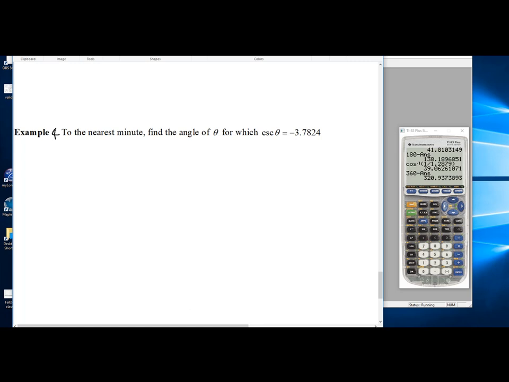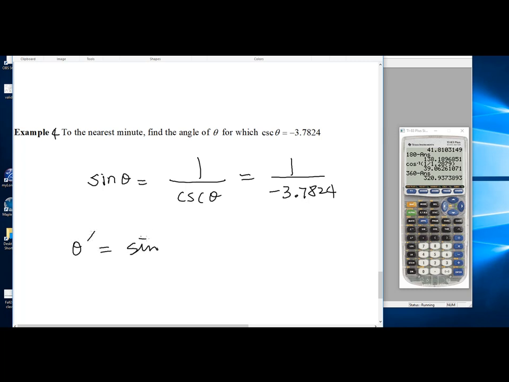Now I have this last example where I gave you a negative number, but the given value is cosecant. So again, you want to find the sine theta first. Sine theta is 1 over cosecant theta. And so I substitute cosecant theta by minus 3.7824. Now here, when you want to find the reference angle, you want to go with the absolute value of that given value. Absolute value means you can ignore the negative sign.